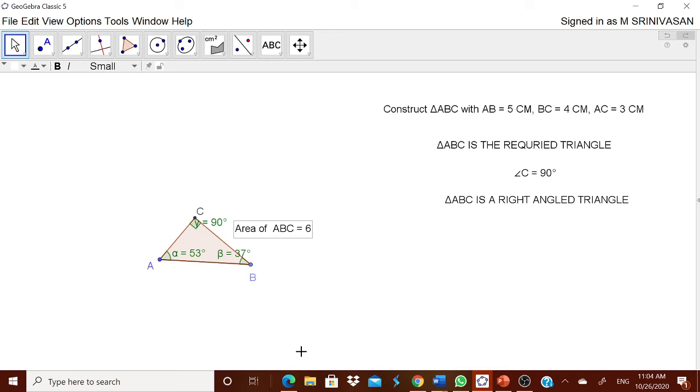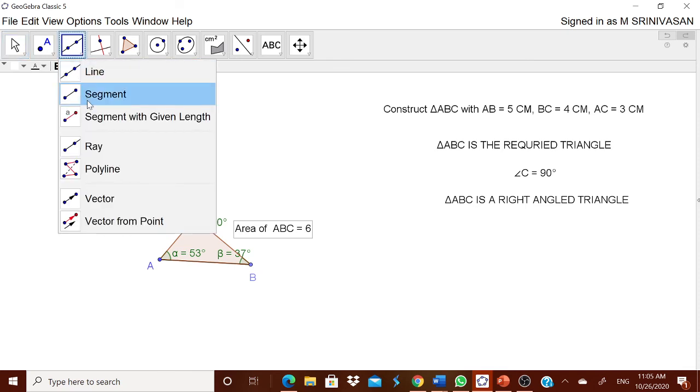Now, you ask the children to construct an altitude from a vertex to the base. Now, AB cannot be the base. Everybody knows it. But either AC can be the base or BC can be the base. Suppose you tell the children, come on, from B you draw a perpendicular.